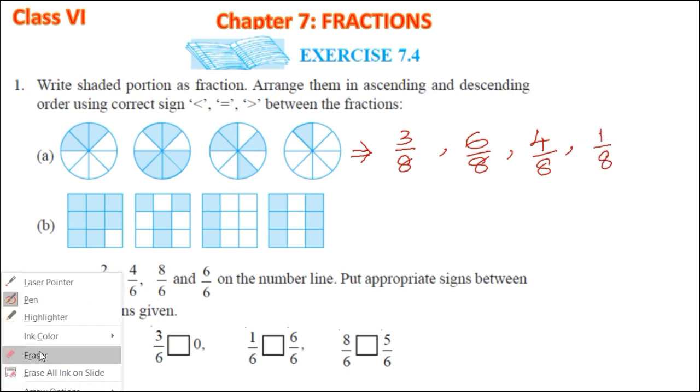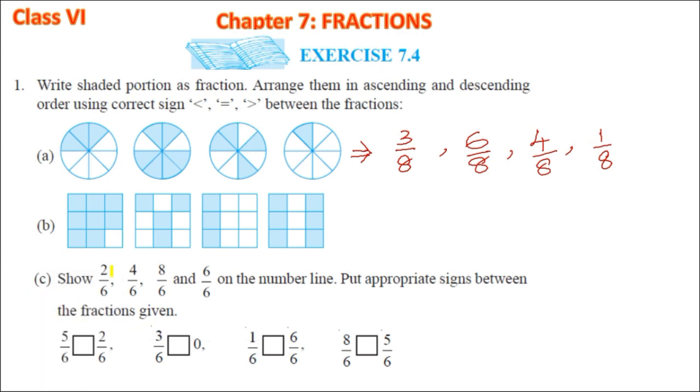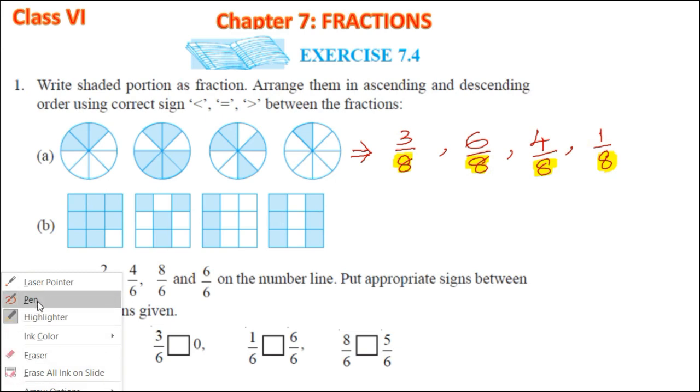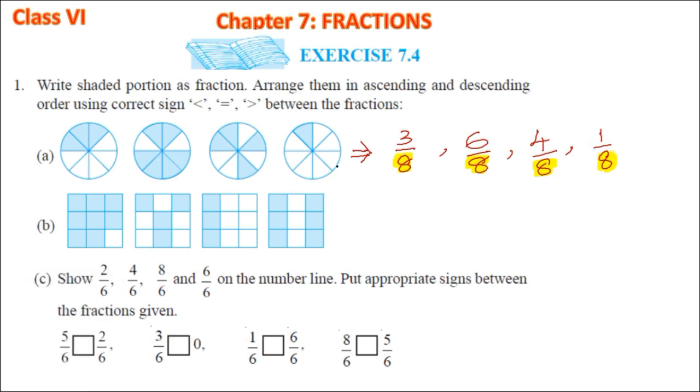You just observe the denominators here. These denominators are the same. These types of fractions are called like fractions. Whenever like fractions are there, it becomes easy to identify which one is greater and which one is smaller. The smaller numerator will be smaller.